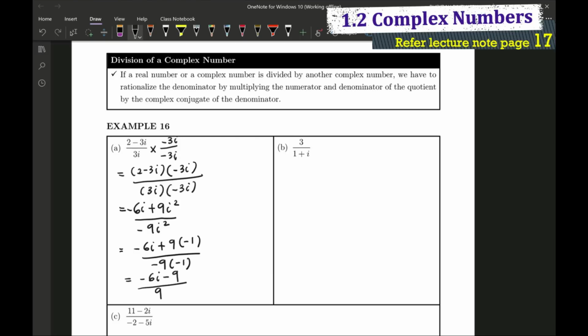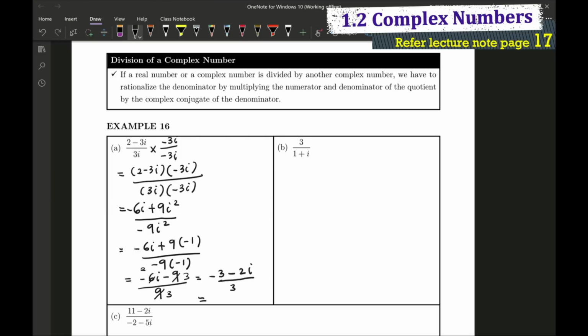So is that the final answer? Not yet, because we can still simplify this. How to simplify this? This one will become 3, this one will become 3, this one will become 2, right? So at the end, it will become negative 3 minus 2i over 3.